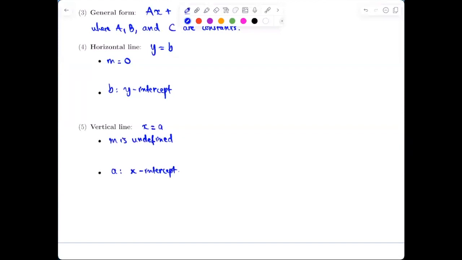So x equal to a, the vertical line always intersects or cuts the x-axis. Okay, any questions so far? All right.